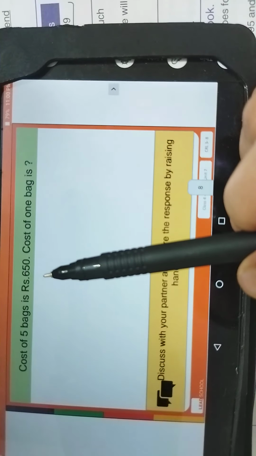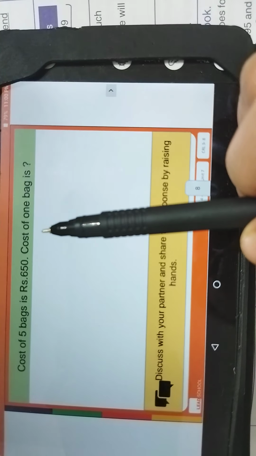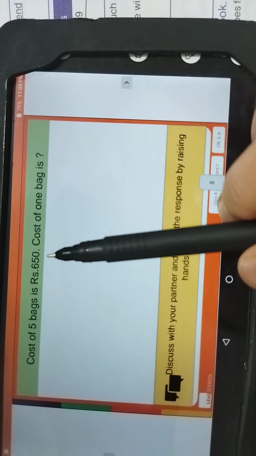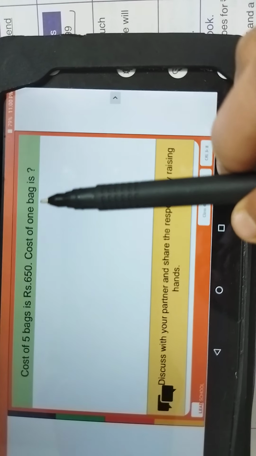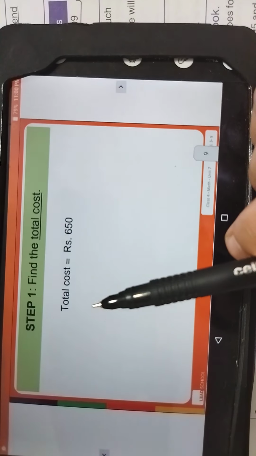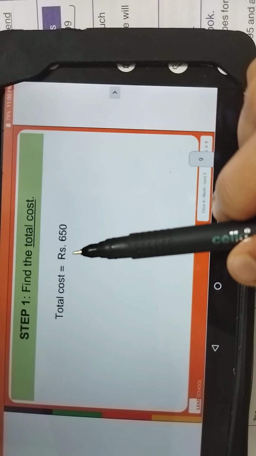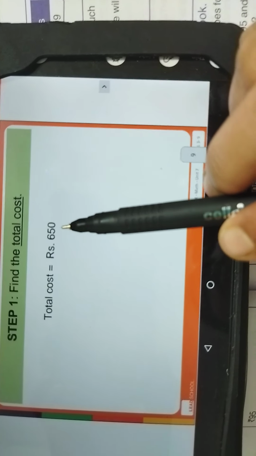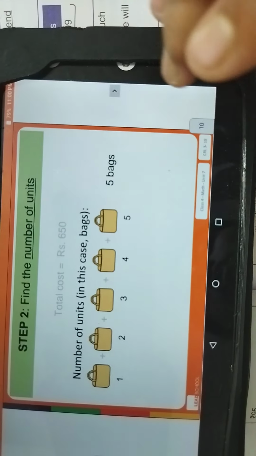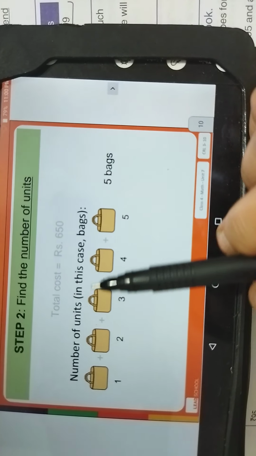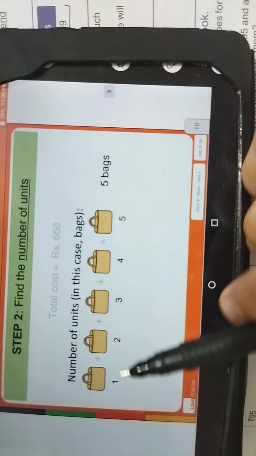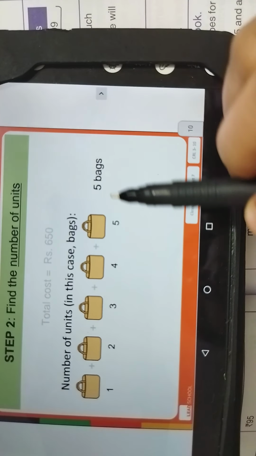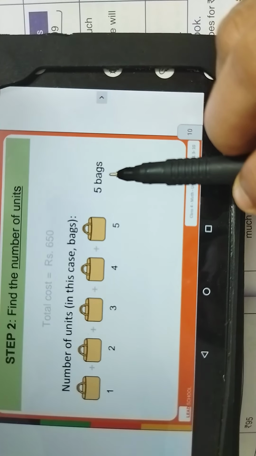Now, cost of 5 bags is ₹615. Cost of 1 bag is, so in that total cost is equal to ₹615. Then number of units, in this case bags, is equal to 1, 2, 3, 4, 5. 5 bags are there.